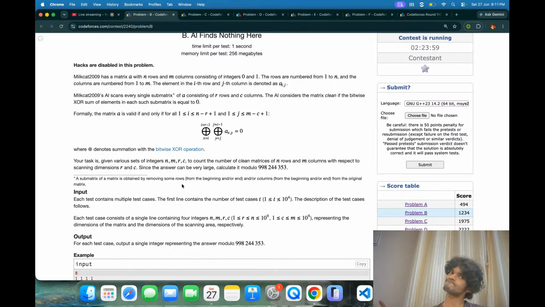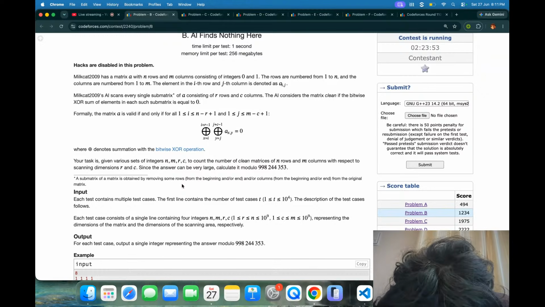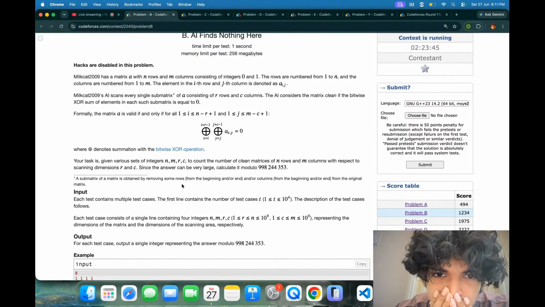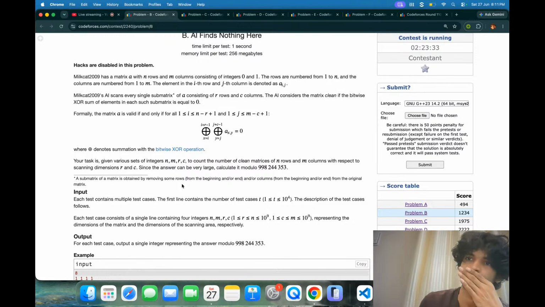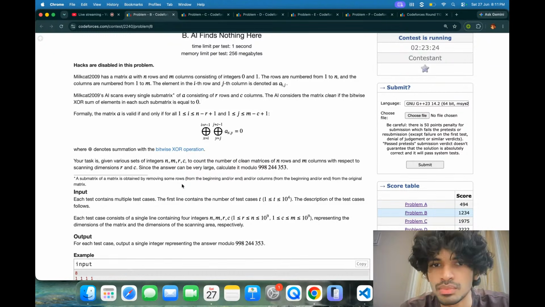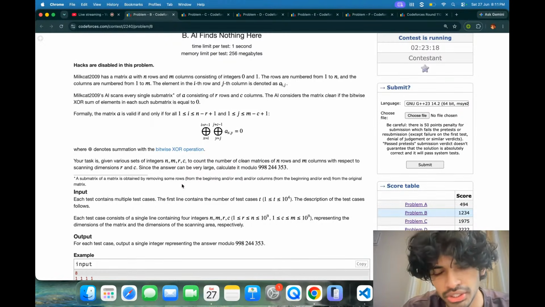So let's say we want all of them to be 0.